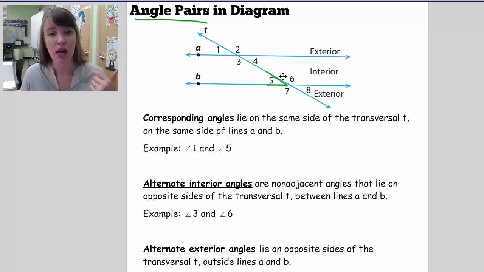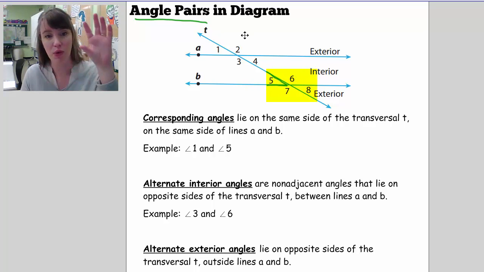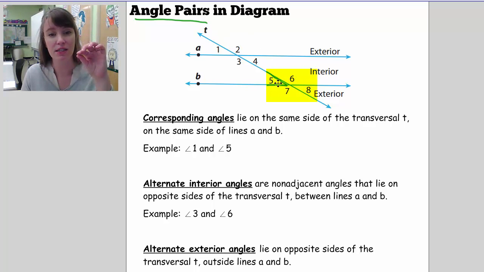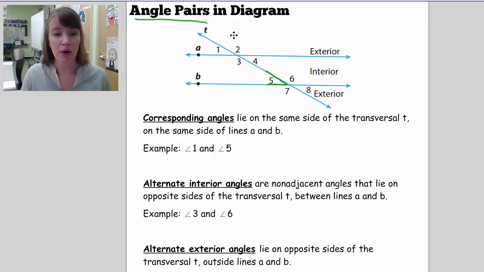So essentially, angle 5 is in the same position that angle 1 is in, except it's in the bottom cluster. We have these 4 angles on the bottom and 4 angles on the top. Angle 5 takes the same spot that angle 1 takes, but in the bottom cluster. The corresponding angles are congruent.